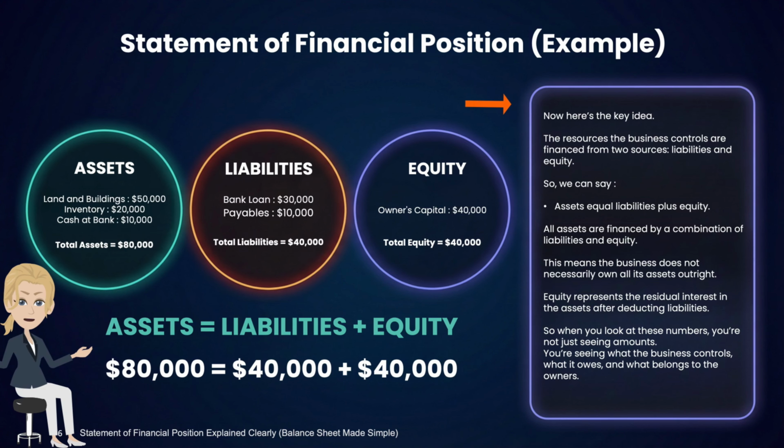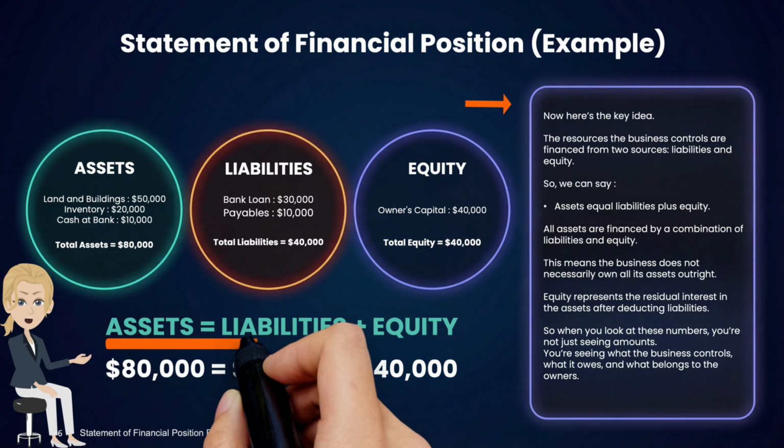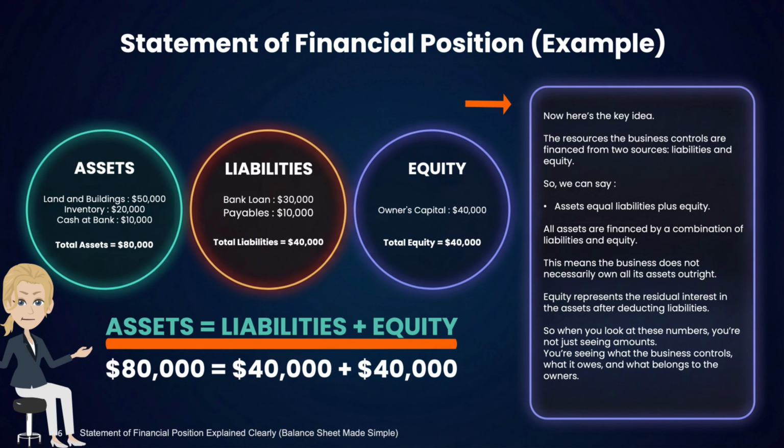Now here's the key idea. The resources the business controls are financed from two sources: liabilities and equity. So we can say assets equal liabilities plus equity. All assets are financed by a combination of liabilities and equity.